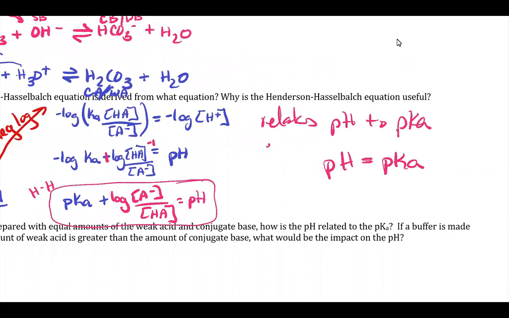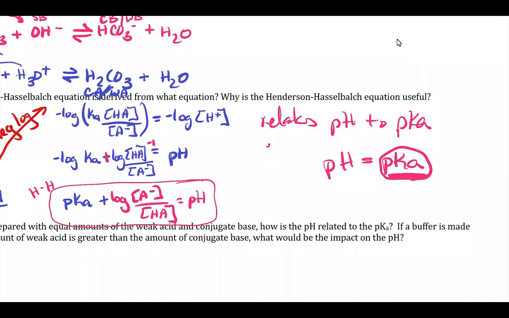So our pKa will tell us, if I want a buffer for a pH 8 solution, I need to find a buffer that has a pKa of 8. What if, in another case, I want a buffer that's going to buffer at pH 5?